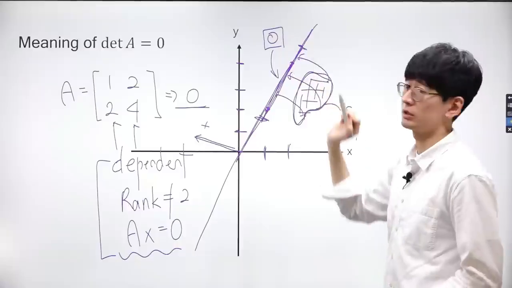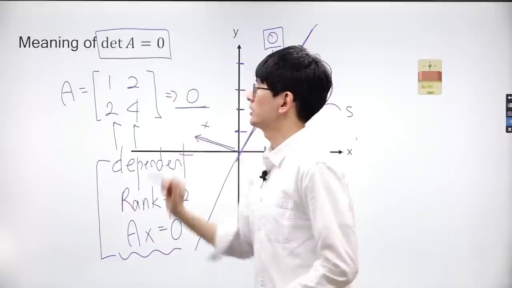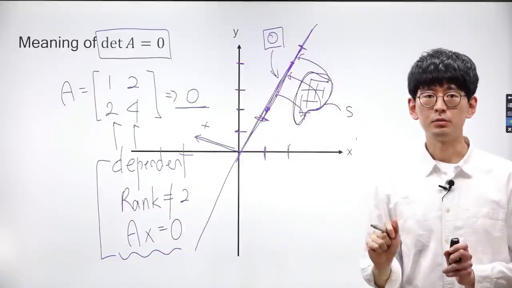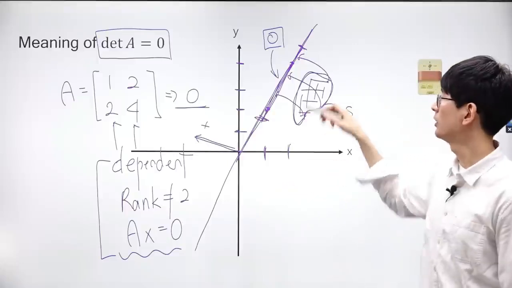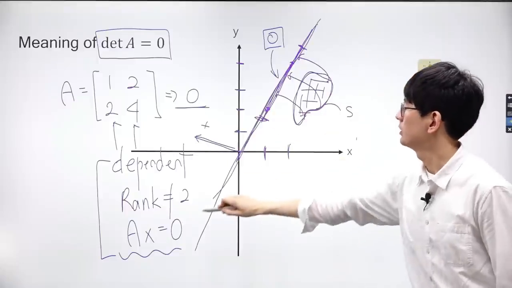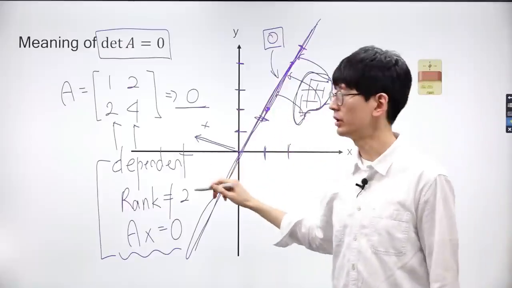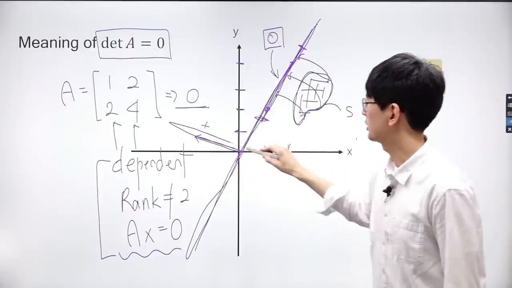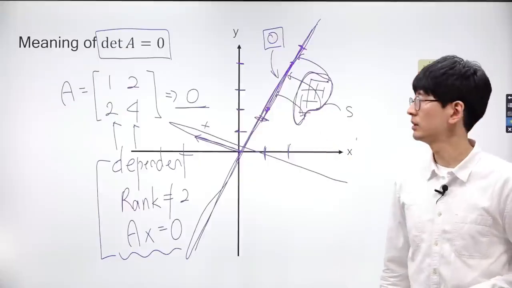Once more, the determinant of a matrix represents changes in area. When the determinant is 0, it signifies that every point on the plane transforms onto points along the line. Because every point on the plane transforms onto points along the line, and there are points unreachable by the vectors in the matrix, the determinant of the matrix becomes 0.